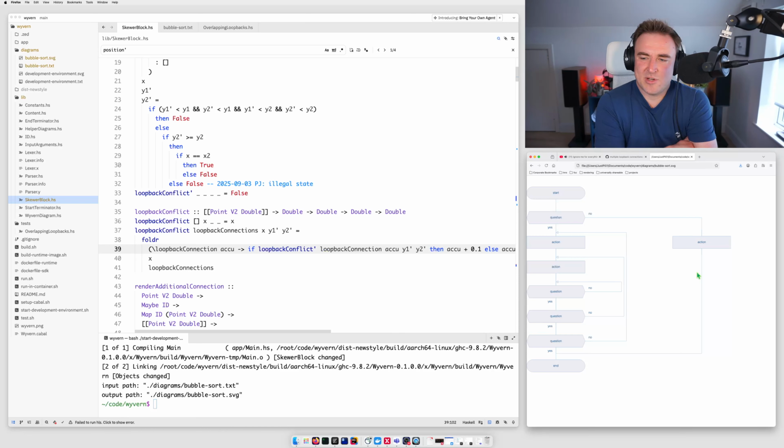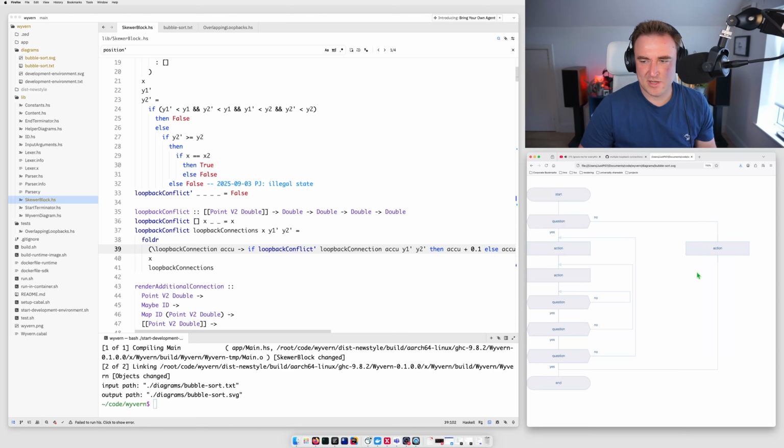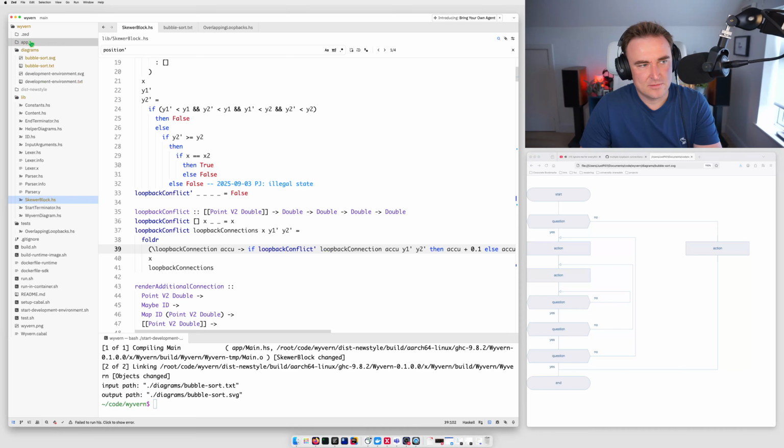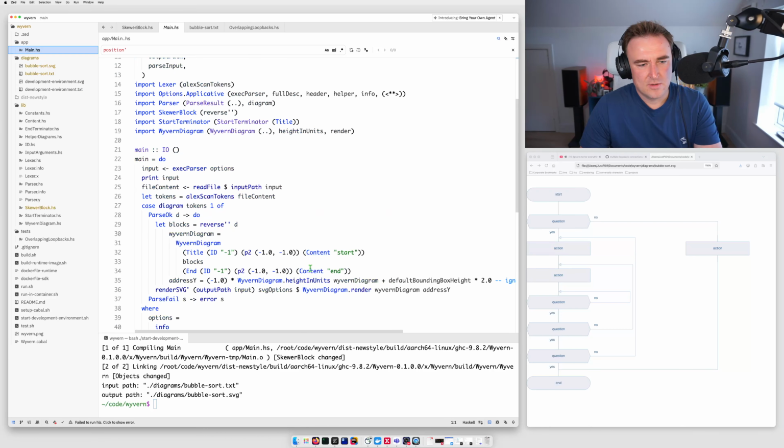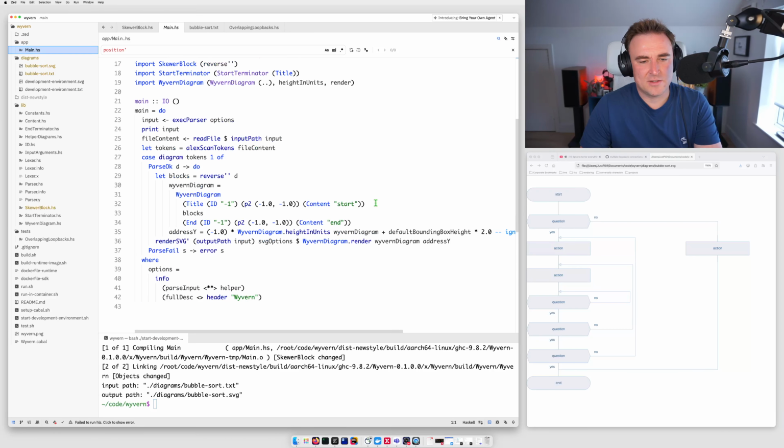So what is in my head at the moment is I'll probably have to rethink how I position all blocks at the beginning of the rendering process. For those of you who remember, in the main file, we build selected skewer blocks like this, and all skewer blocks have this origin that's -1, -1 by default.